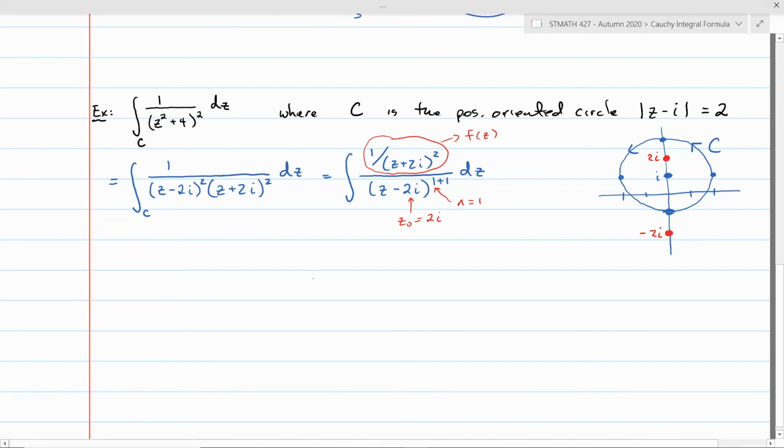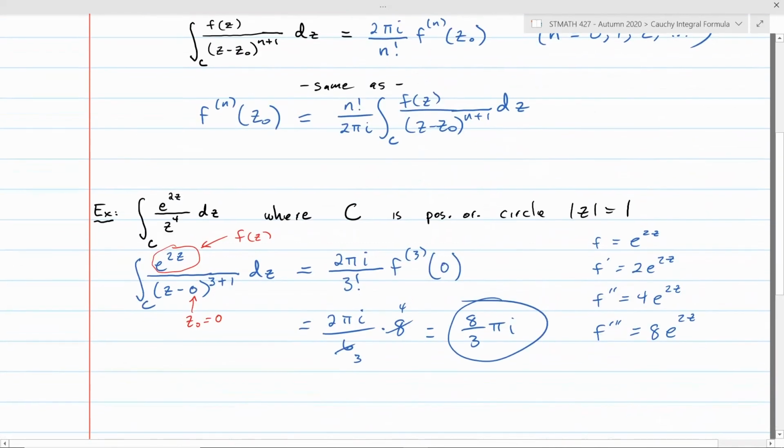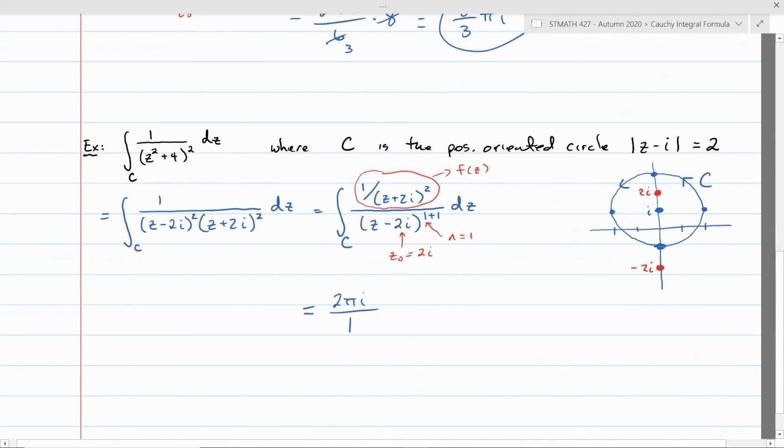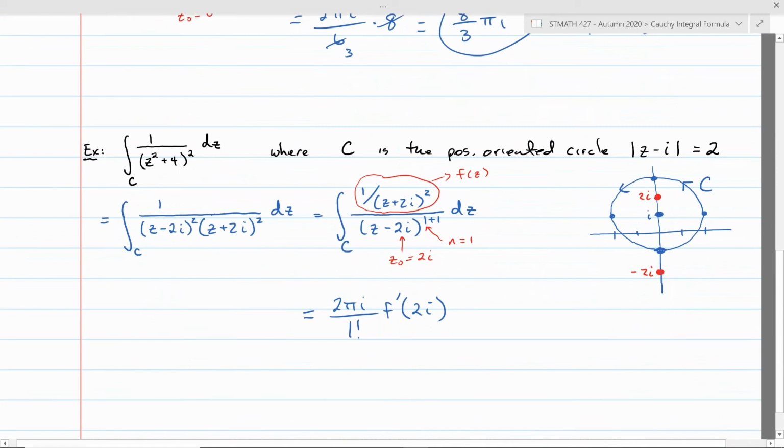So according to the extended Cauchy integral formula, this integral will be 2 pi i over n factorial. n is equal to 1 here, so that's just 2 pi i over 1 factorial if you like, just for emphasis. And then we need to multiply that times the first derivative evaluated at our z naught, which is 2i. Did I get everything there? Yeah.